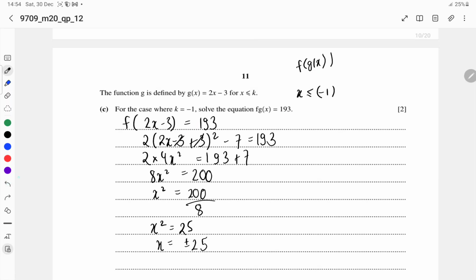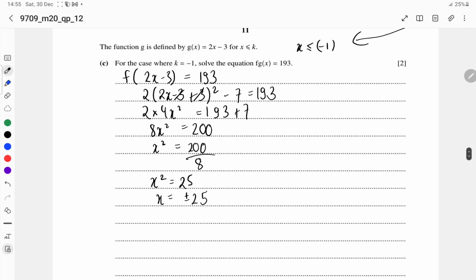So the domain of f of g of x will be x less than or equal to minus 1. We need to find x which is less than minus 1, but we have got two answers here, plus 25 and minus 25. This plus 25 does not lie in our domain, so plus 25 is rejected.